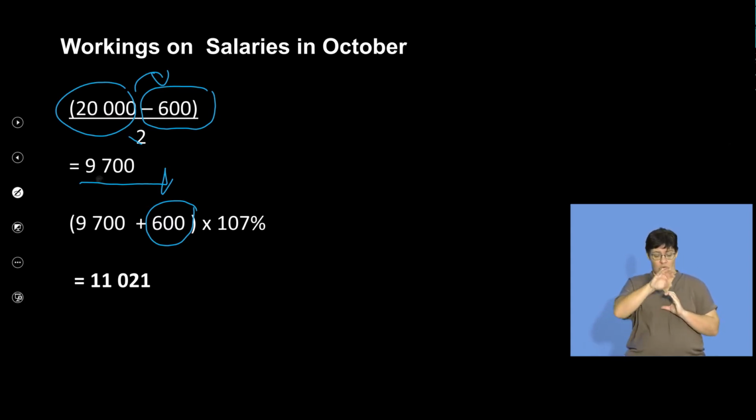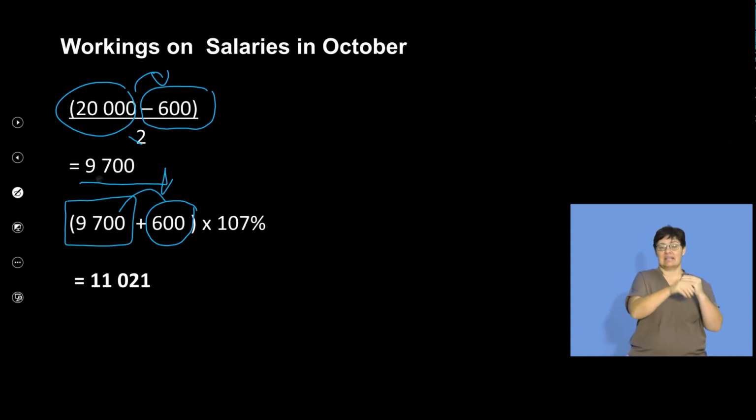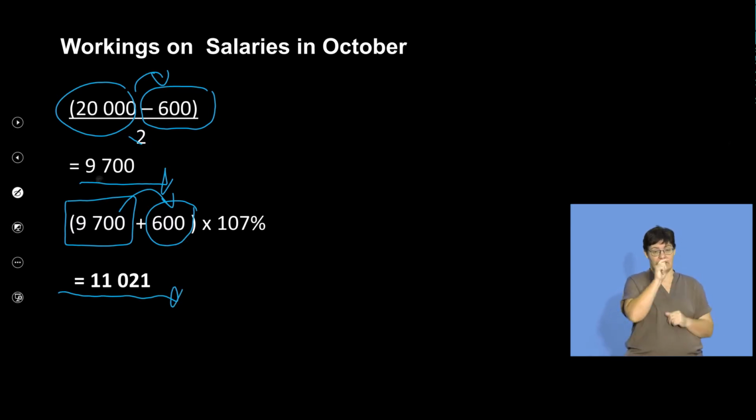So remove the 600, and you have now made them both equal. Take the 9,700 that you've calculated, add the 600 to it, and then increase that amount by 7%. As you can see from our calculation, the final figure that you get for a salary of one of the managers will be 11,021.